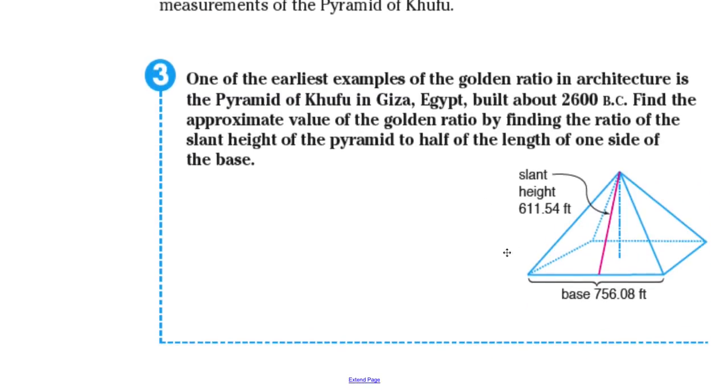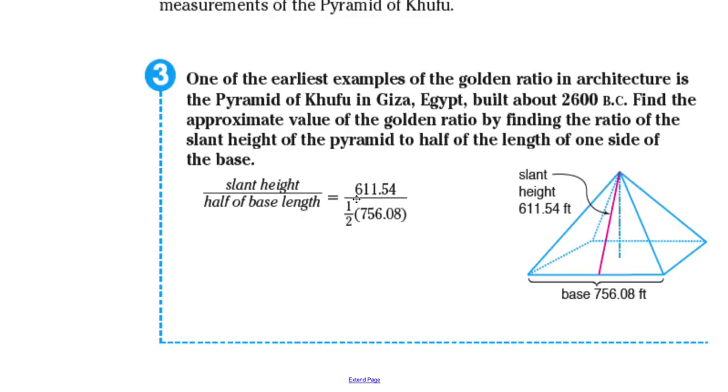It's called the slant height simply because if you look at the height, it slants a little bit. To find the golden ratio, we take the ratio of the slant height over half of the base length.